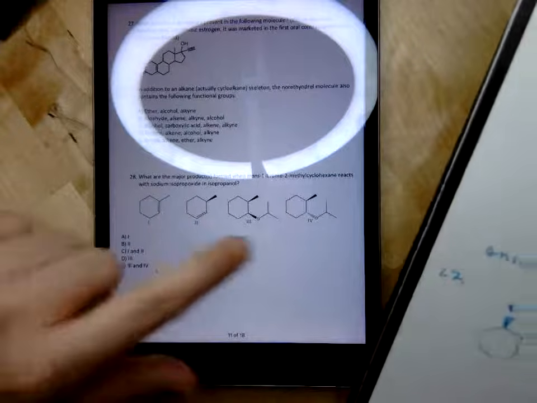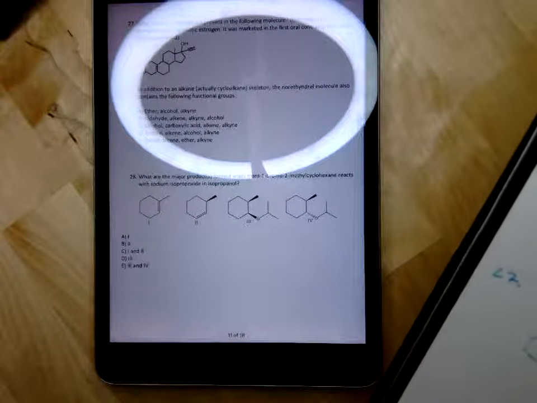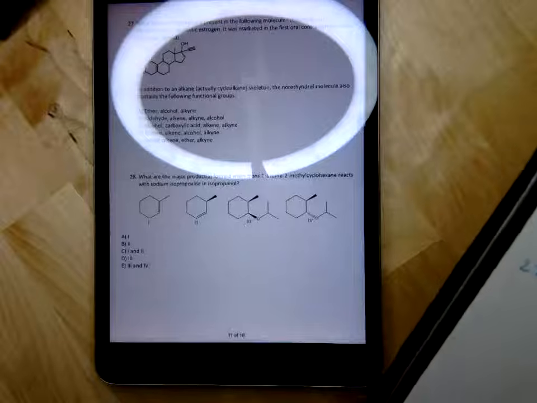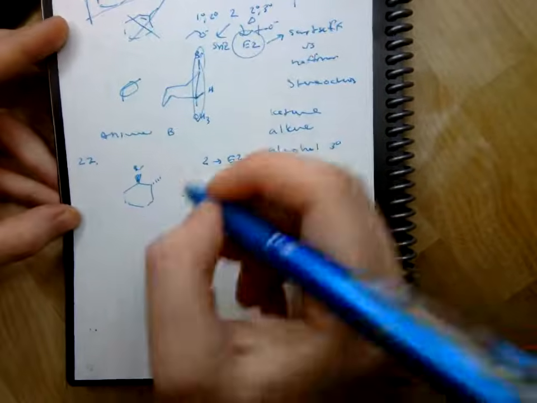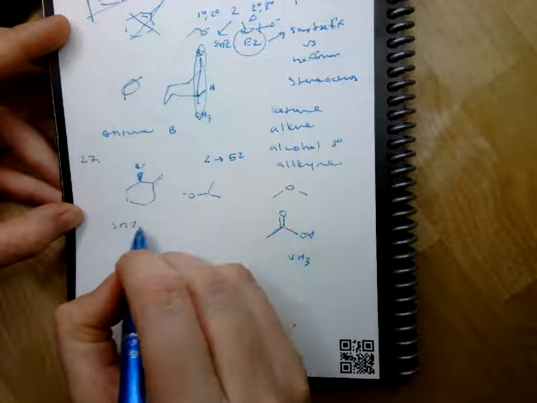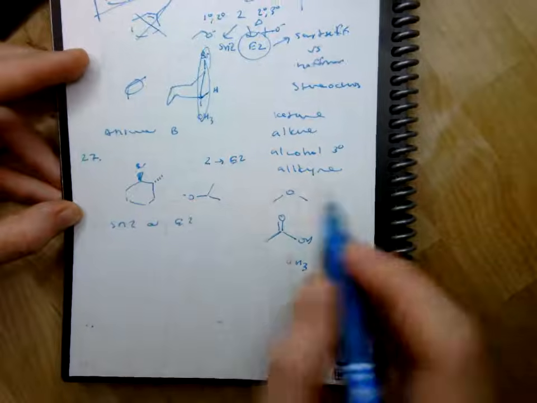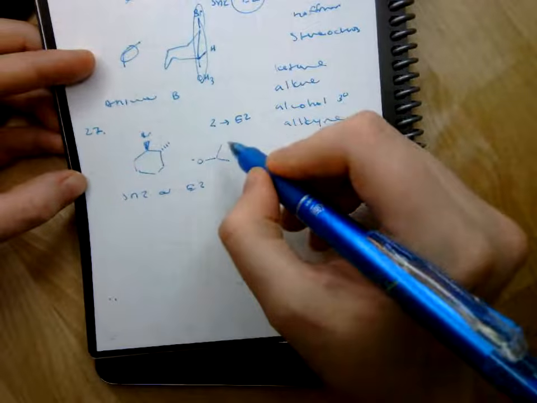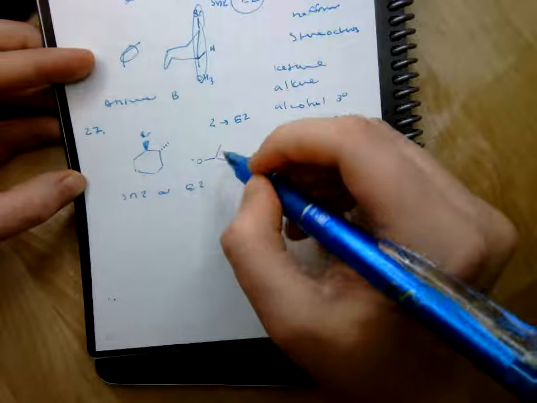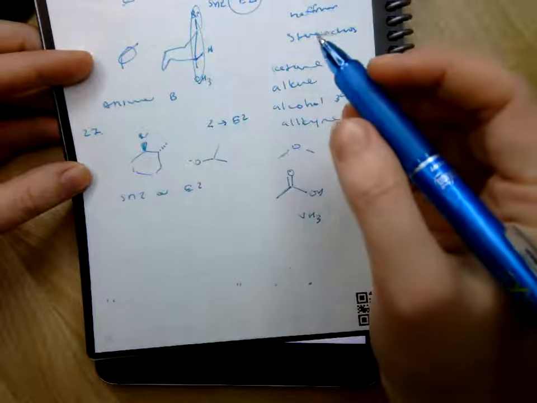And then I'll just double check to see what the options are. I think it could favor SN2 or E2. I just want to say that because this is strong. It could favor SN2 or E2. And it's kind of hard in this case. I think it's borderline. It really could do either one of these, because this isn't as bulky as something like tert-butoxide, but it's not really narrow either.